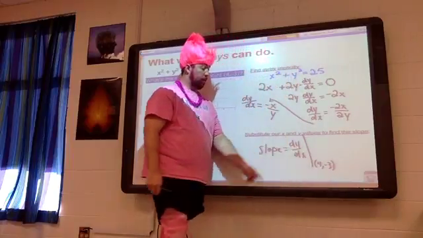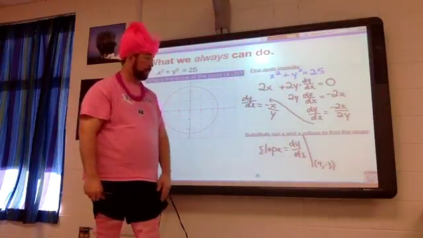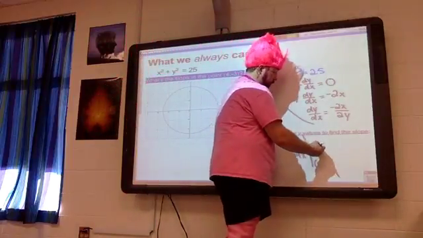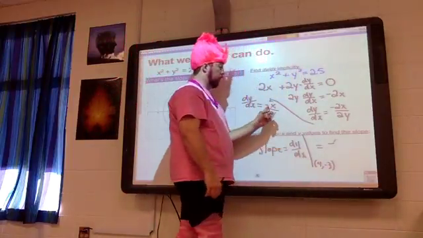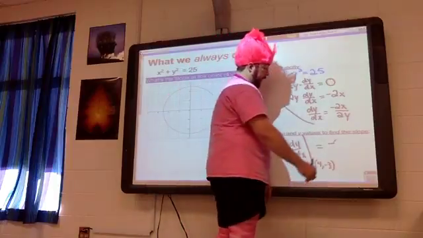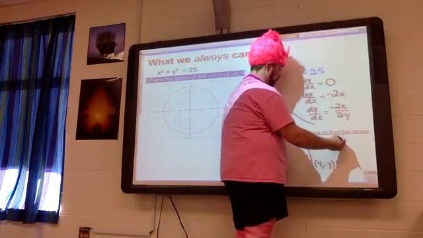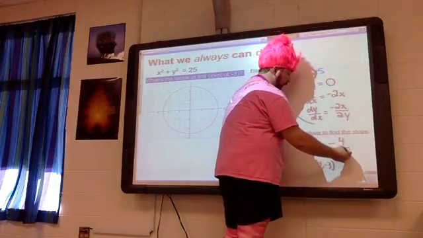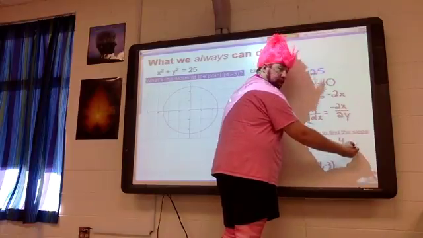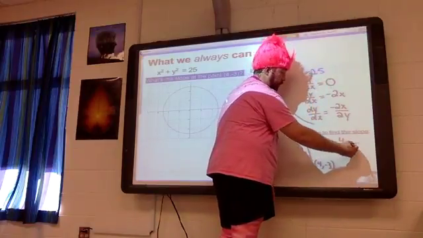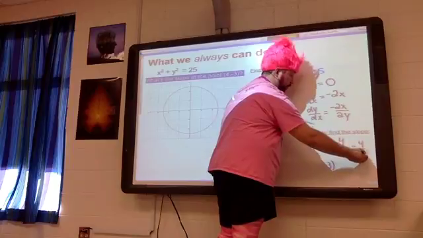The derivative evaluated at a point is equal to the negative, because it was already in the formula, the x, which is 4, divided by the y, which is -3, which does simplify out into 4/3.